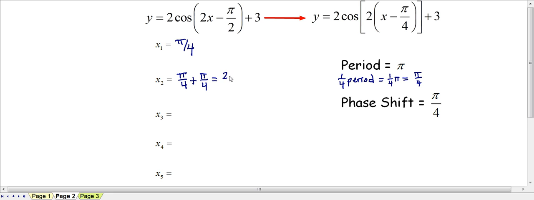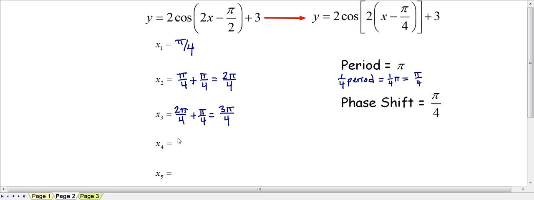Which gives us 2 pi fourths. Okay, and then to find the third one, we add another pi fourths to the second one. So we had 2 pi fourths, we add another pi fourths, and that gives us 3 pi fourths. We just continue this process.